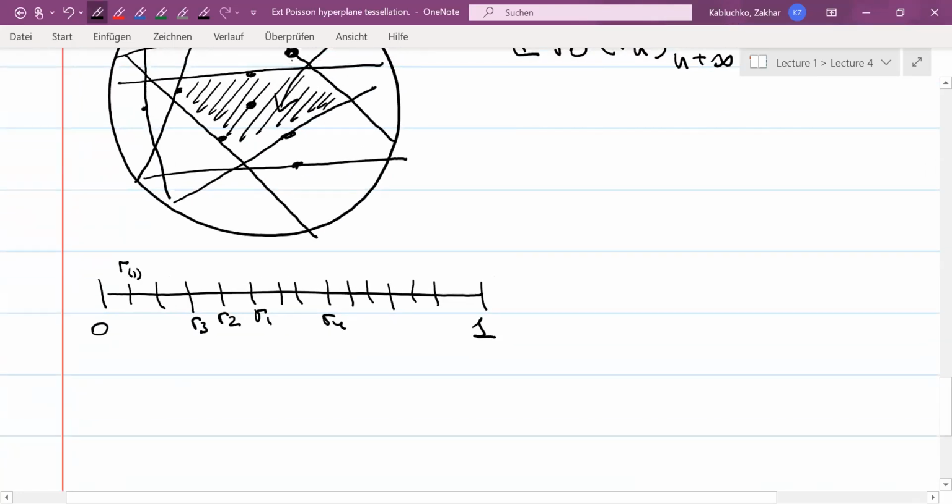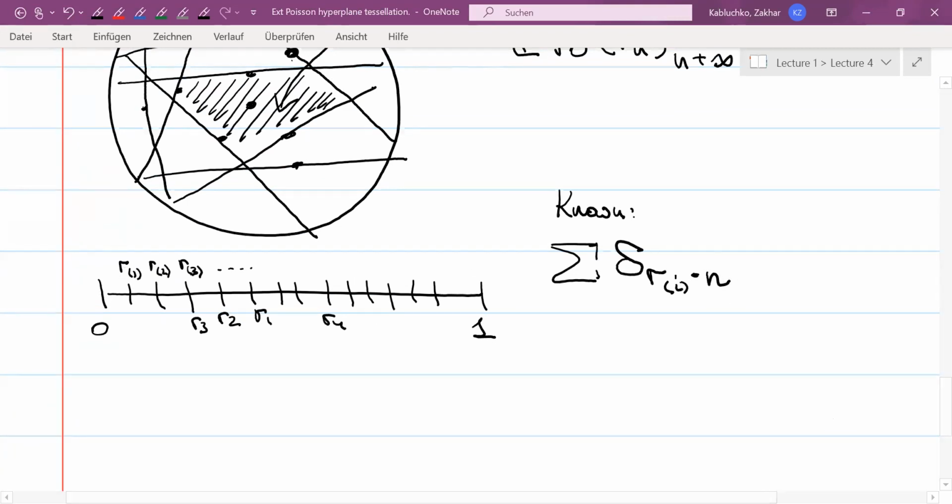It is known that if we take the order statistics and multiply them by n, because the distance to 0 of the first order statistic is of size 1 over n, because we have n points here, so its expected size is 1 over n plus 1 to be more precise. So it's natural to multiply them by n, and then it's known that this converges in distribution as a point process to the Poisson point process with intensity 1 on R plus.